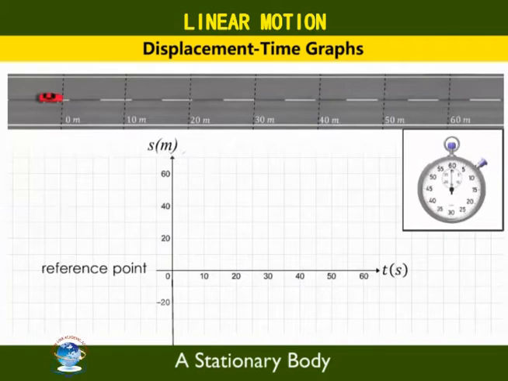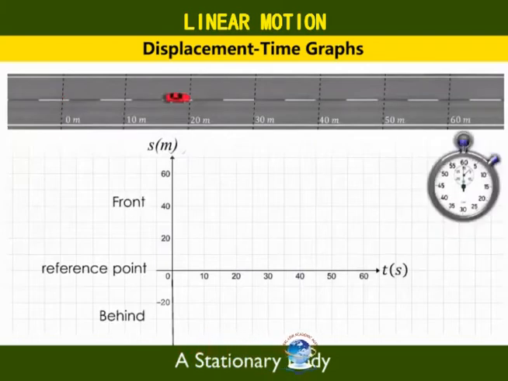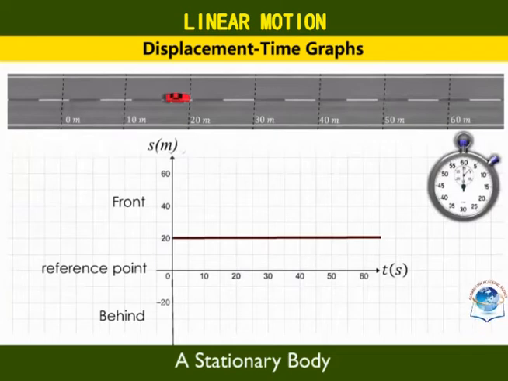So the displacement axis has negative and positive scales. If we take the front of the observer to be positive, a body stationary 20 meters in front of the observer will be represented by a horizontal line at the 20 meters mark. And a body 30 meters behind the observer will be represented by a horizontal line at the negative 30 meters mark.